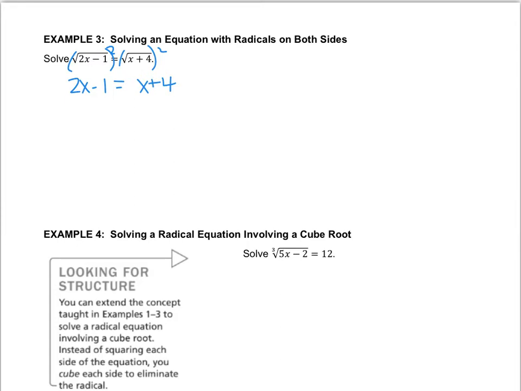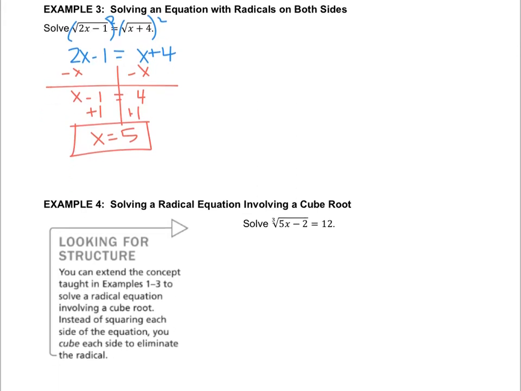Now I have a variable on both sides, so let's subtract x. You get x minus 1 equals 4. Add 1, and you get x equals 5.